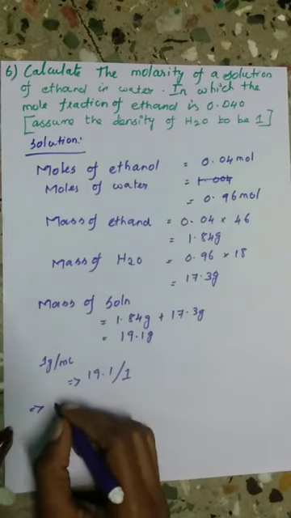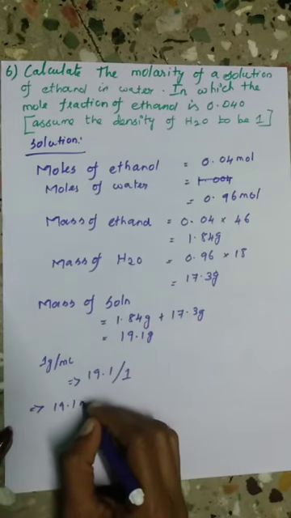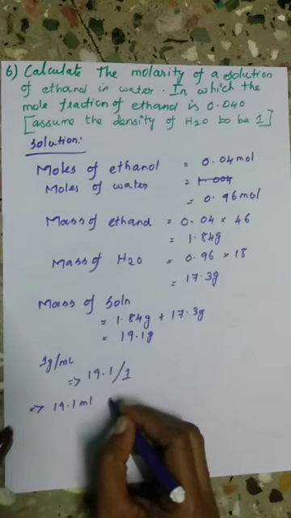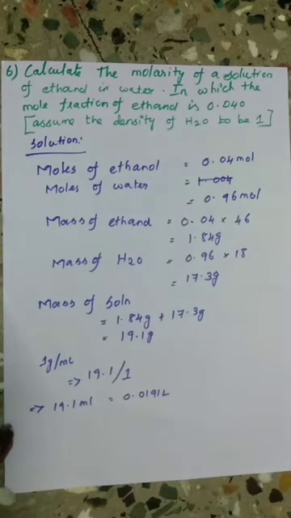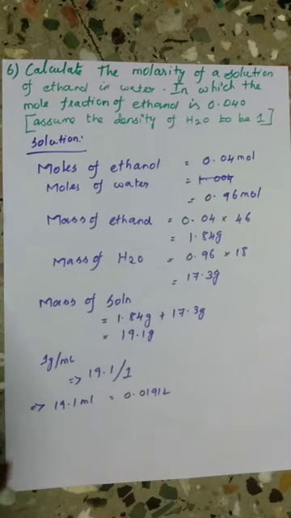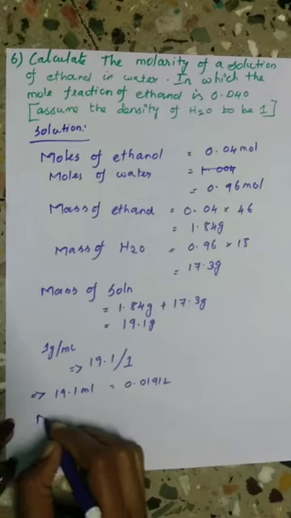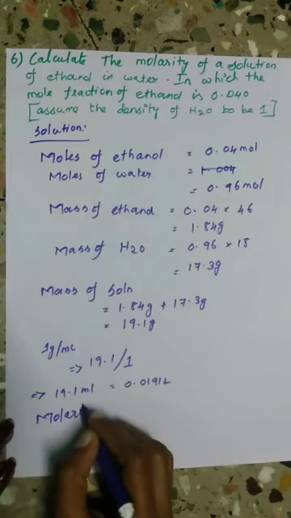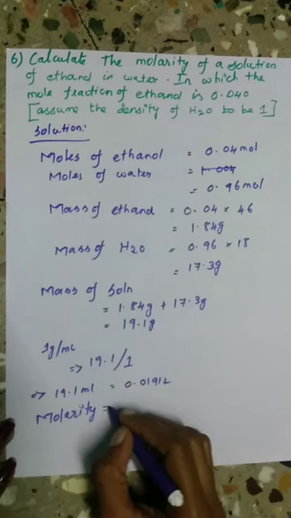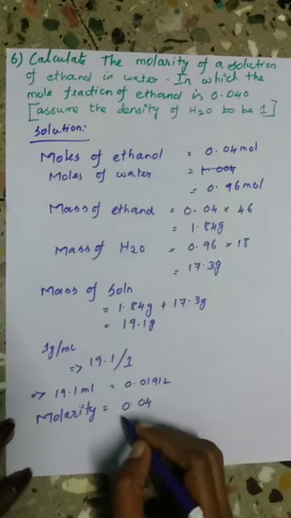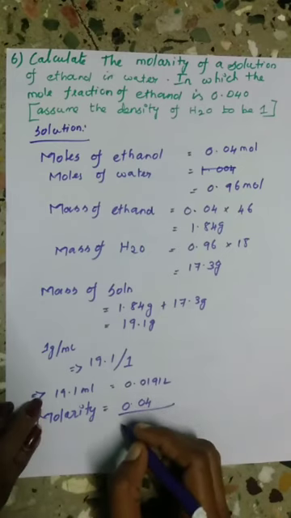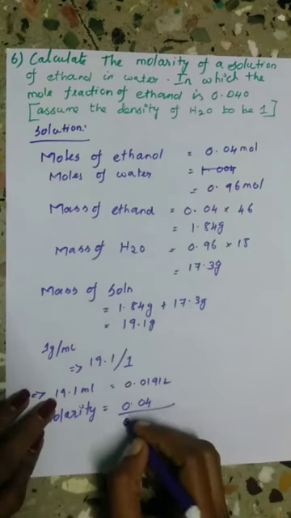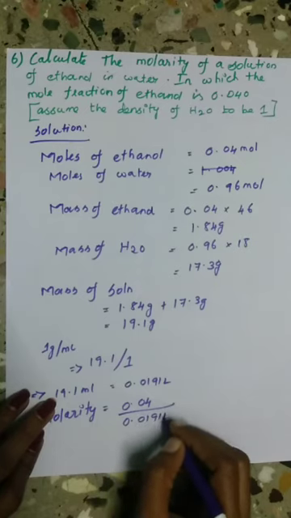So the volume is 19.1 milliliter. To convert it to liter, the answer is 0.0191 liter. Okay, milliliter has been converted to liter. So the molarity is 0.04, this is the ethanol moles, divided by the volume of the solution, that is 0.0191 in liter.